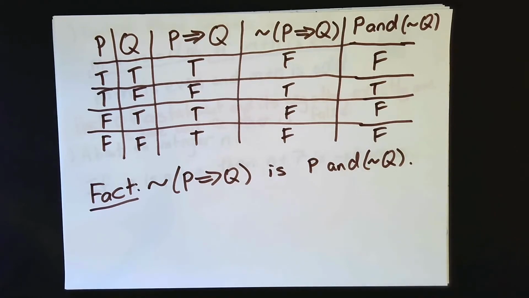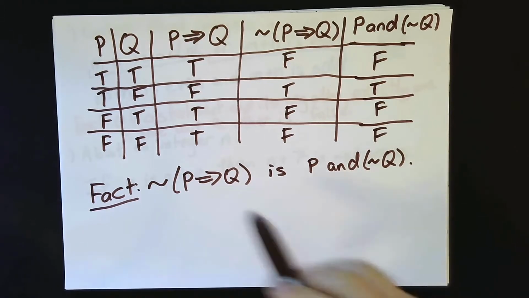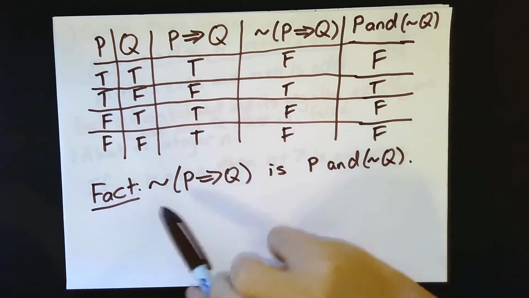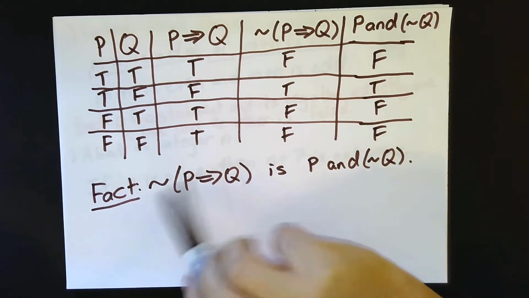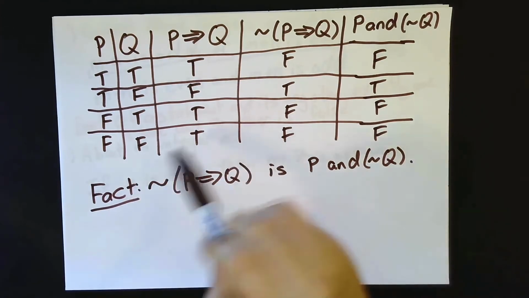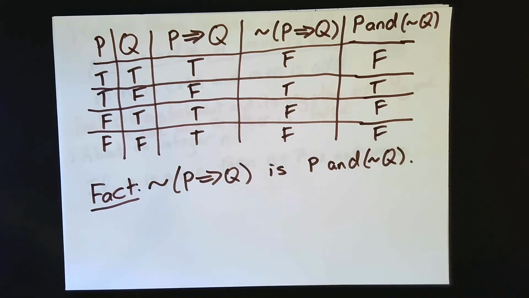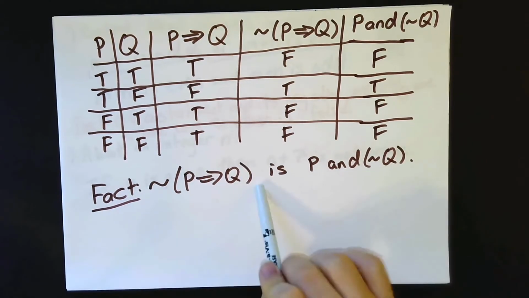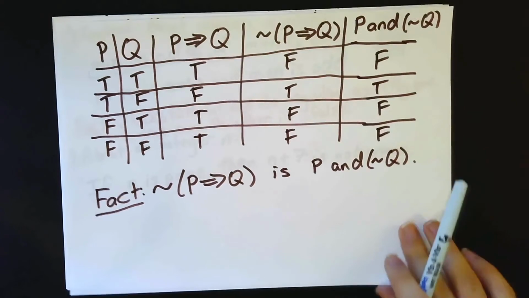And so you might have expected that by throwing in negations, or maybe writing the implication the other direction, we were going to have some nice formula for the negation of P implies Q that also involved an implication. However, the negation of an implication is not itself an implication. Rather, the negation of an implication is most naturally written in this form.